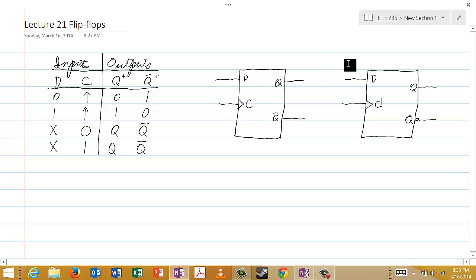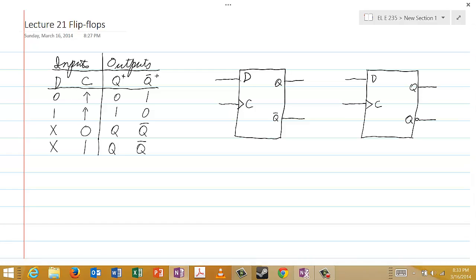And in both cases the top input is D, and then we have a clock labeled C.